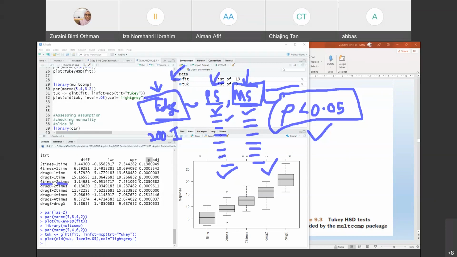So it is not significant. But between drug E and 4 times, this is more significant, between these two interactions. It is more significant. Okay. Understand or not?